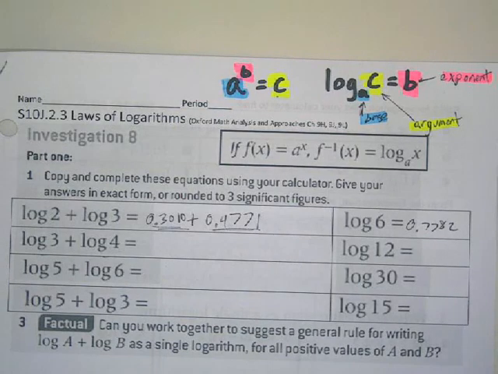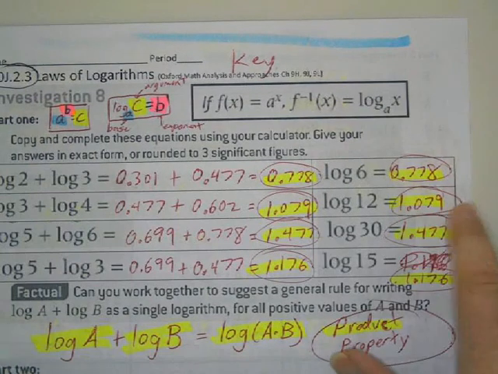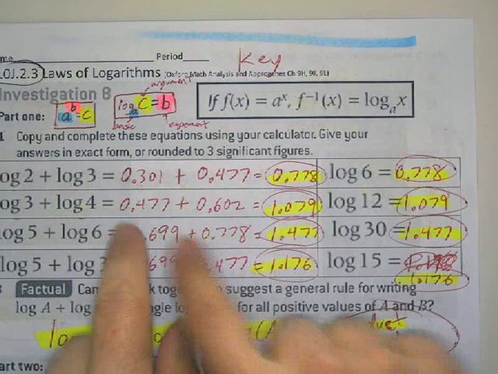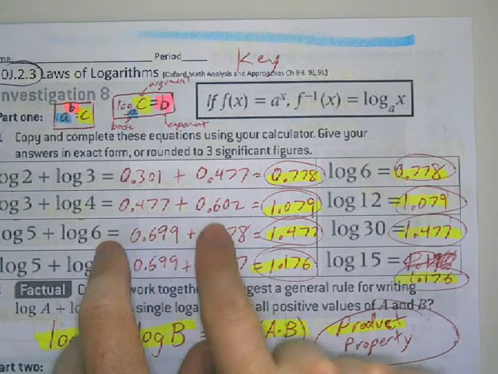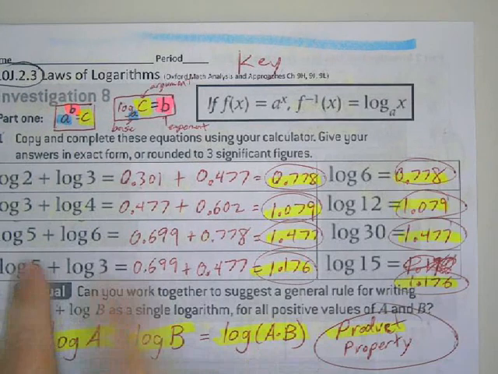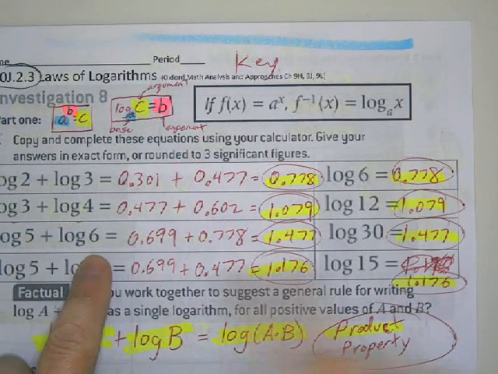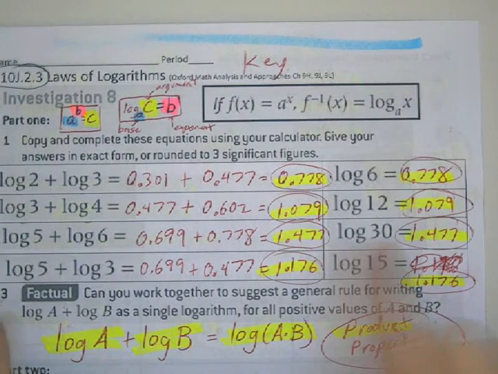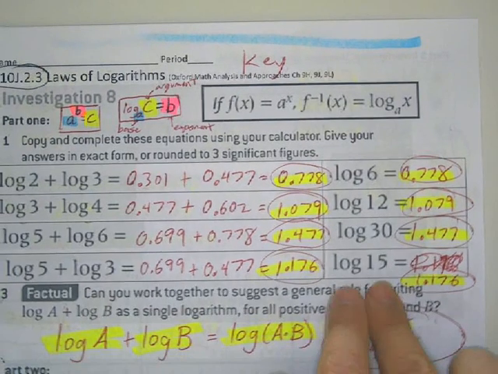Now that you've hit pause and tried these on your own, you should have noticed that when I add these together, we get the same answer as here. So log 5 plus log 6 gives me log 30. Log 5 plus log 3 gives me log 15.